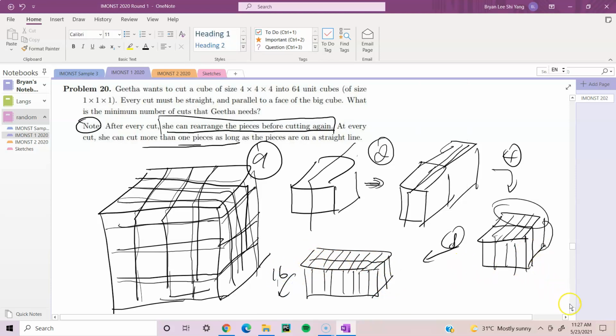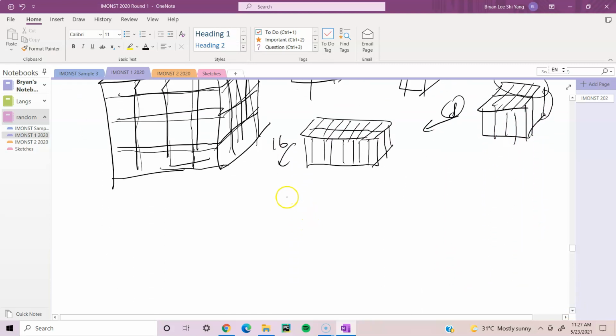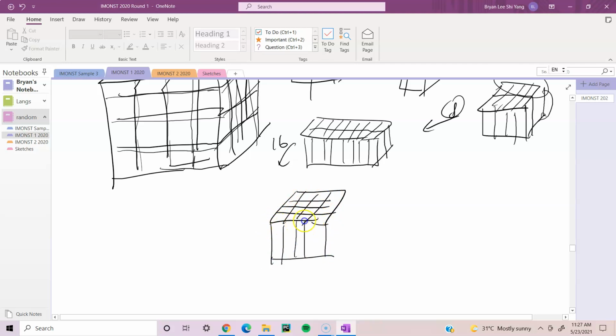Now, 16 pieces, then we move down a bit. If we rearrange this back into a cube, now we have 16 1 times 1 times 4 blocks, right? For this one, do the same thing again.